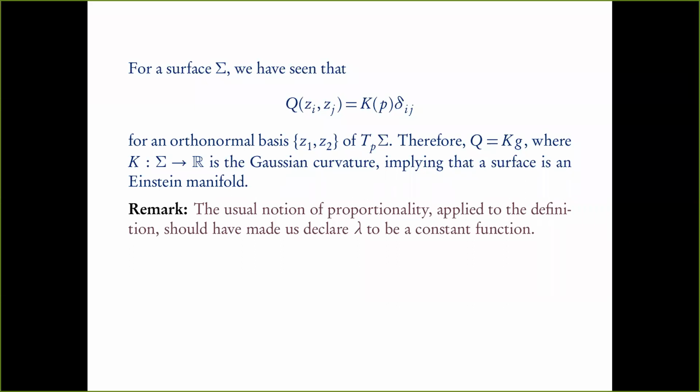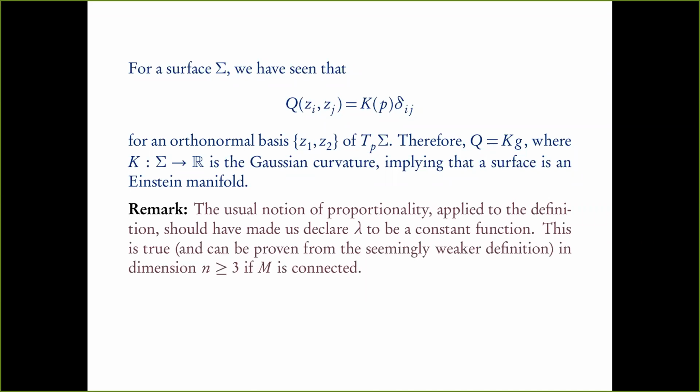So you might ask, why did we choose the more relaxed definition? Well, it turns out that you can prove that if Q equals lambda times G, where lambda is a smooth function, the dimension of M is at least 3 and M is connected, then lambda is in fact a constant. That is something you can prove. It is not immediate, but there is an exercise outlined in do Carmo where he does that. I would highly encourage you to try to do it if you are interested in how this is proven.